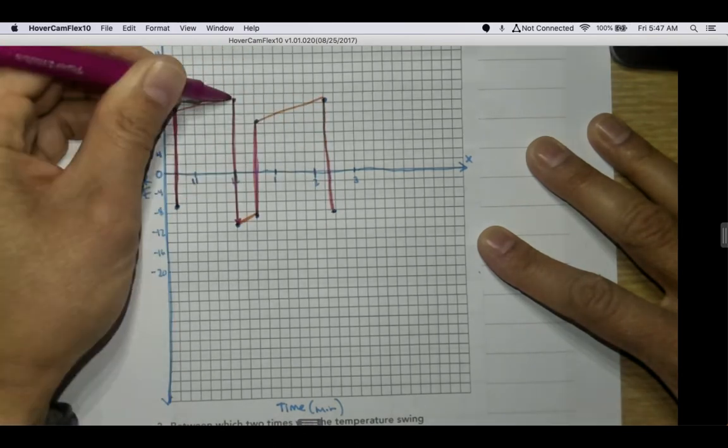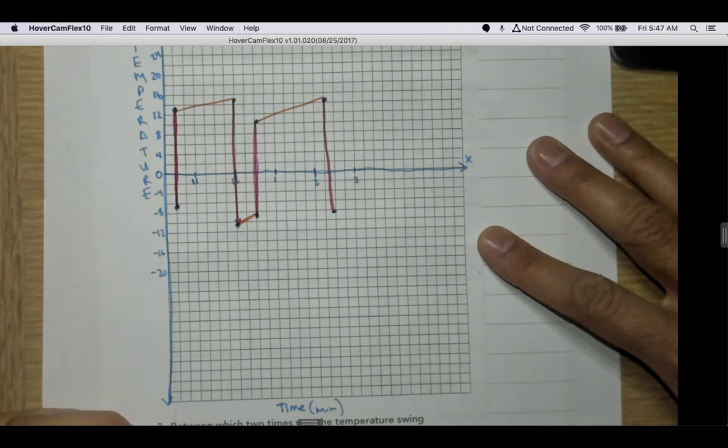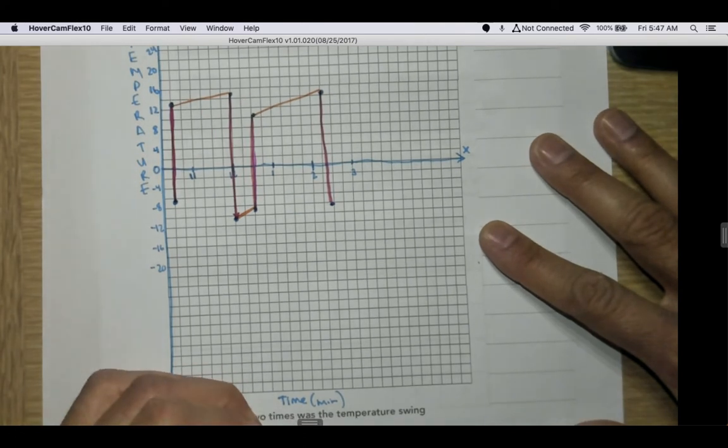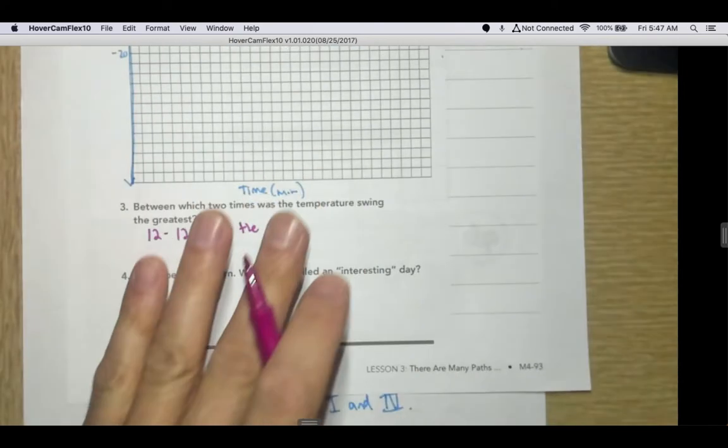Okay, the biggest line here was this one, and so from 12 to 12:05. And I know because it was the biggest vertical line.